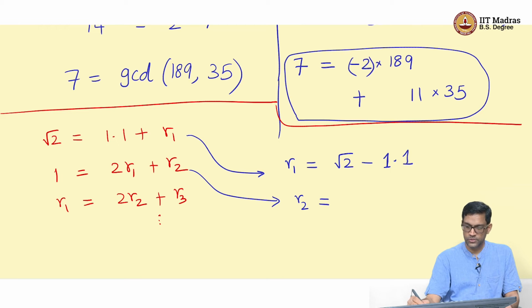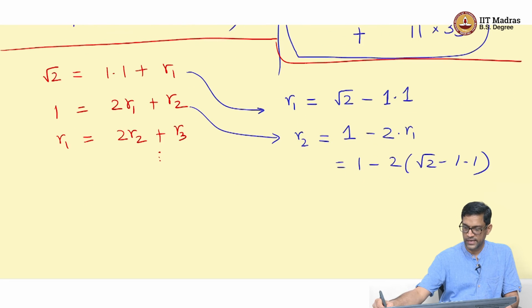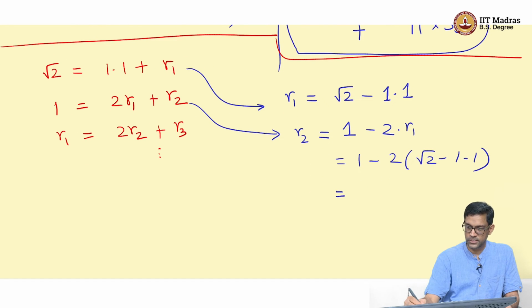Again I will write it in terms of 1 and root 2: it is 1 minus 2 times R1, but R1 is just root 2 minus 1 times 1. Just like with 189 and 35, this means it is 1 plus the same expressions that we had before, it is 3 minus 2 times root 2. So, it is 3 times 1 minus 2 times root 2.